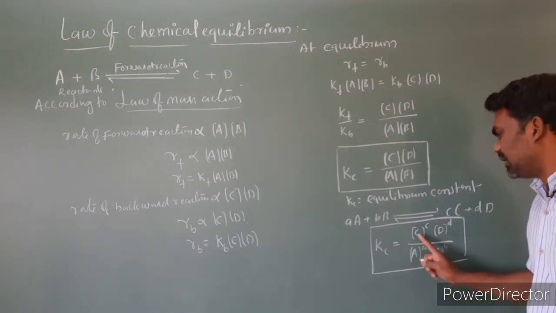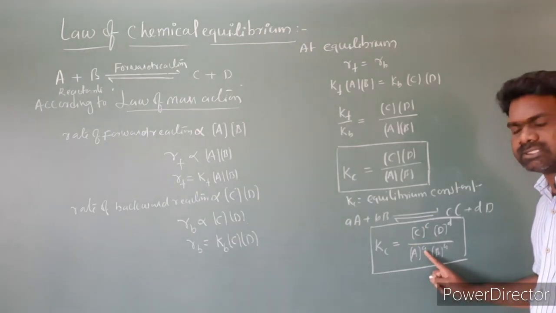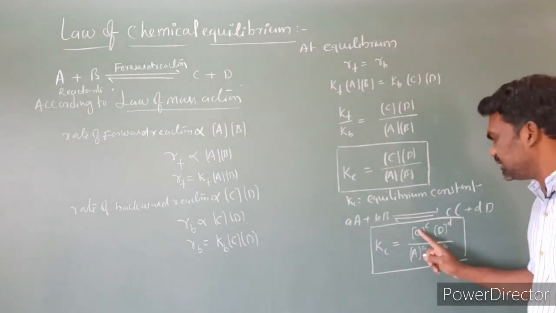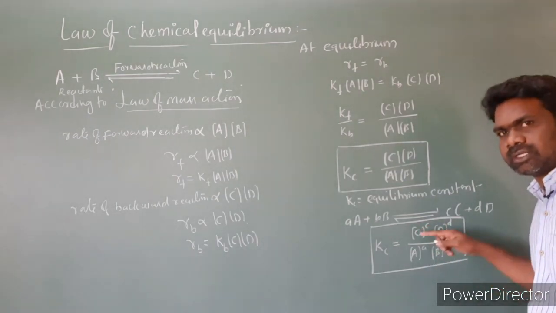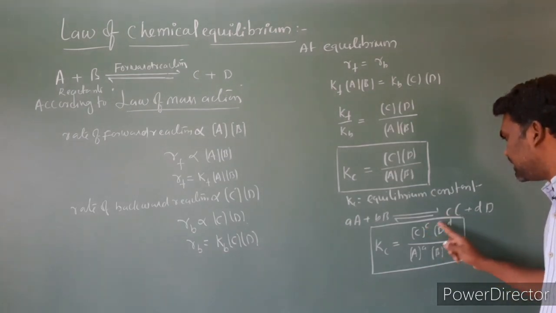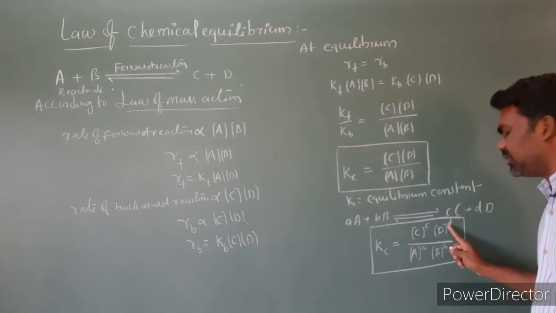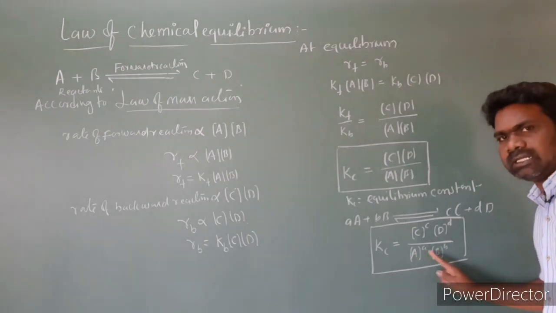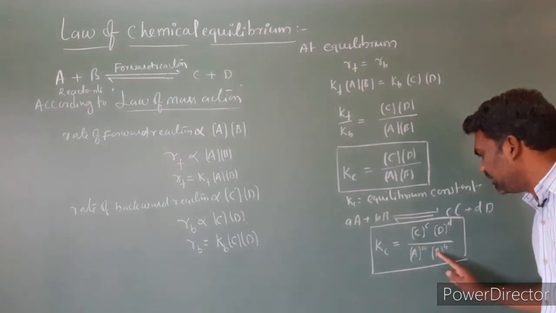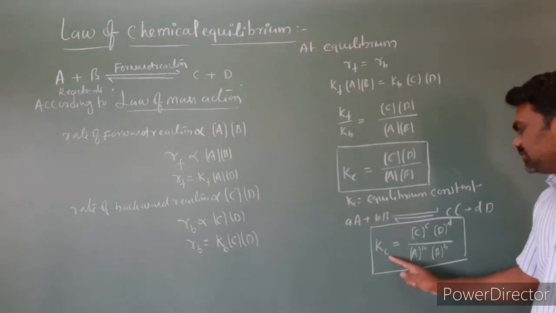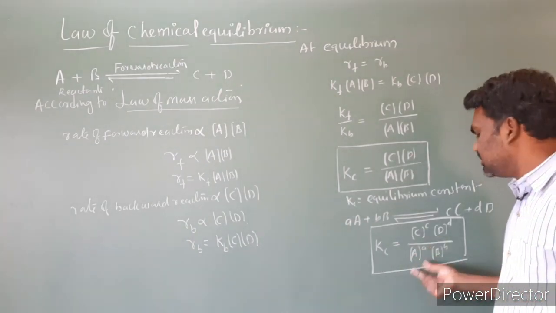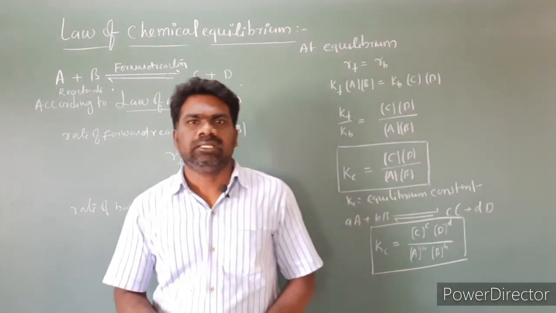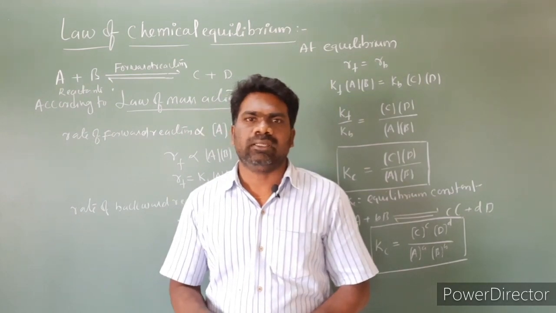So Kc is equal to concentrations of products by concentrations of reactants: [C]^c [D]^d divided by [A]^a [B]^b. This is nothing but the law of chemical equilibrium, the equilibrium law.